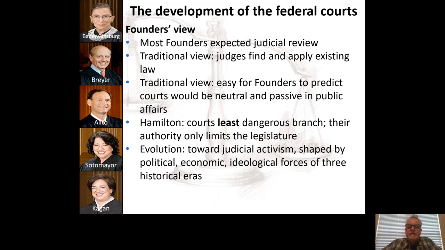The traditional view is that judges only apply law, and that they also are passive, kind of like an umpire is supposed to just call balls and strikes. But over time, especially in the 20th century, that began to change, and the courts became more active.